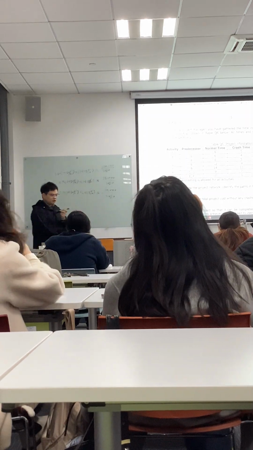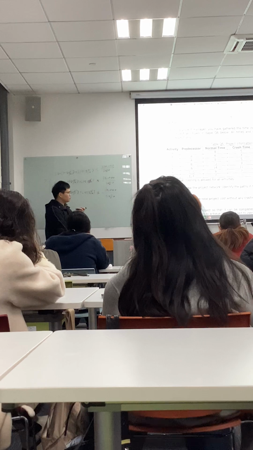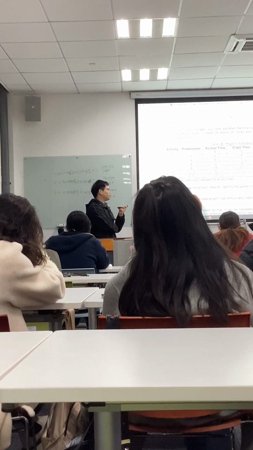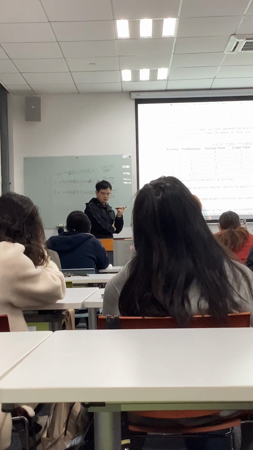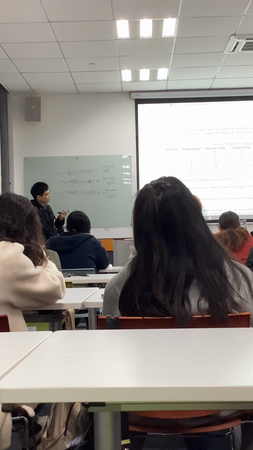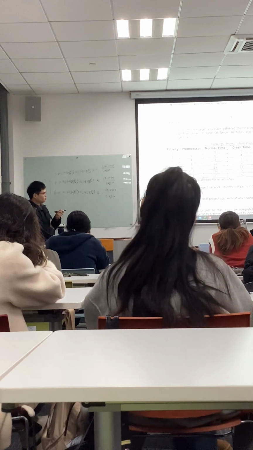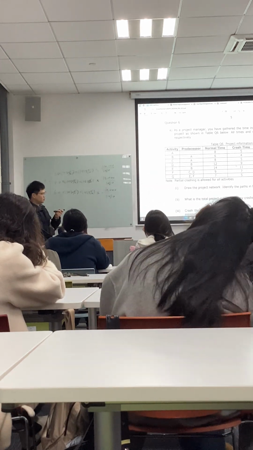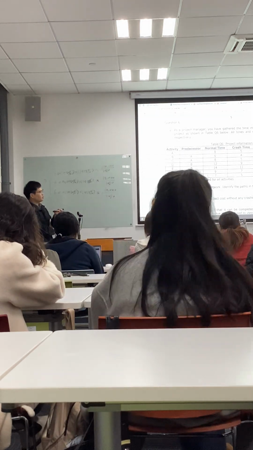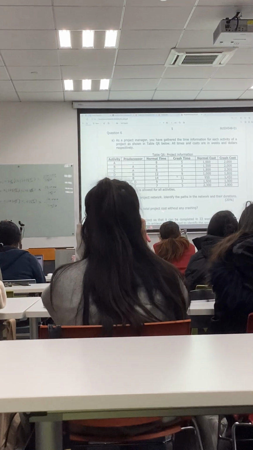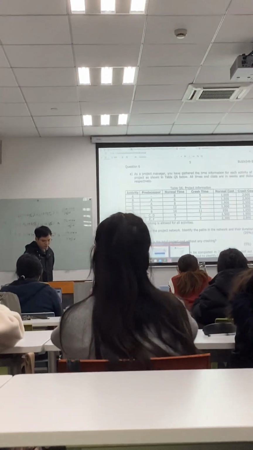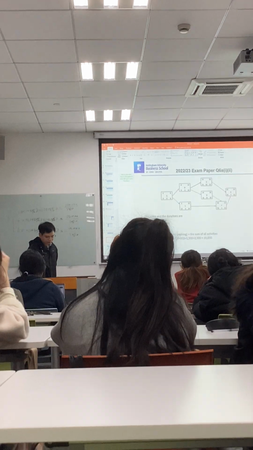Okay. So the first part asks you to draw a project network, identify paths in the network and their durations. So this question requires you to list all the paths, both the non-critical and critical path, and calculate their durations. This is not difficult.